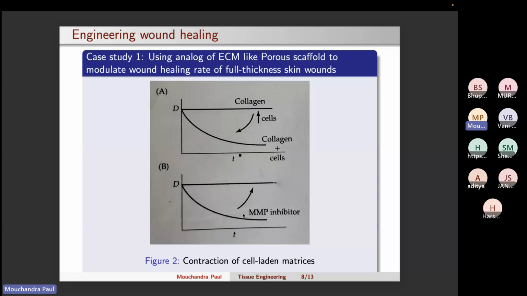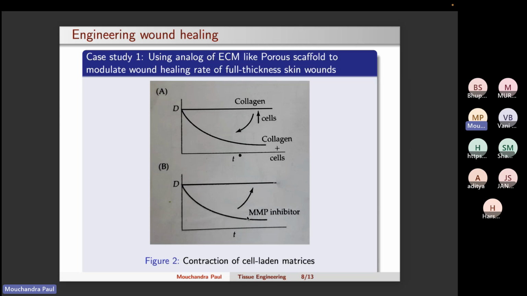The degree and the speed of contraction have reduced, because of which the diameter of the entire matrix has increased.